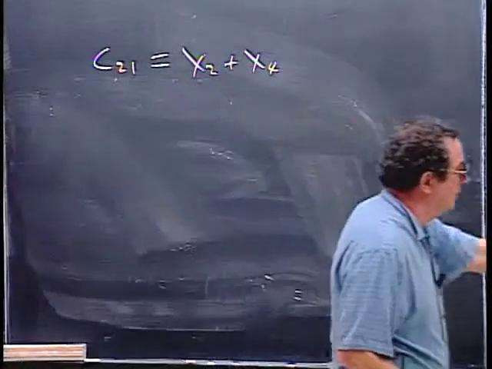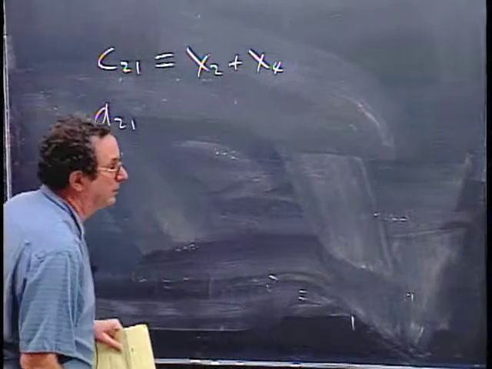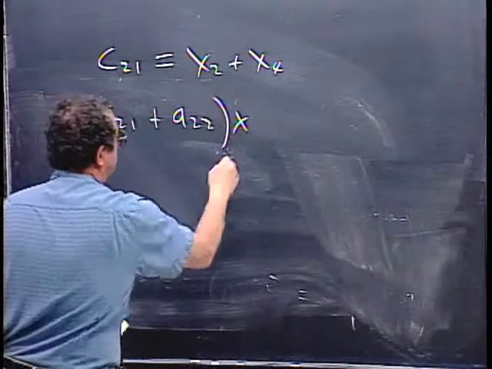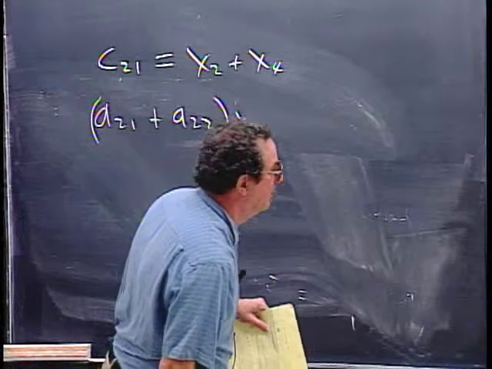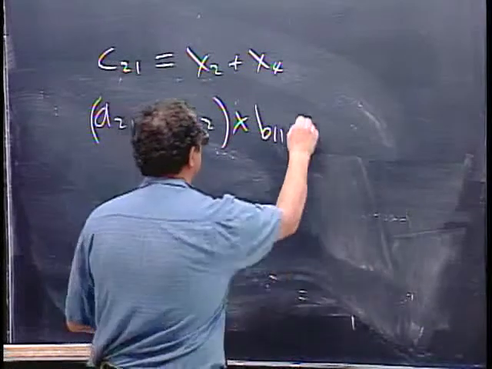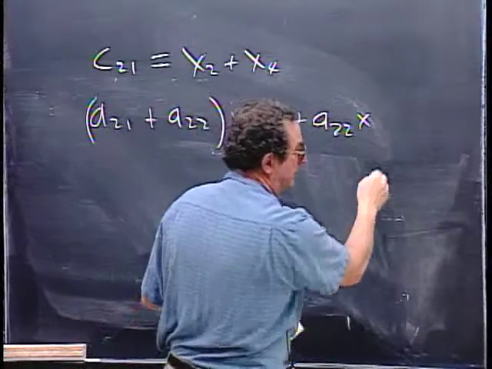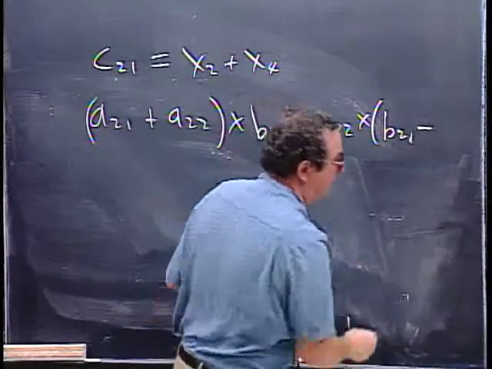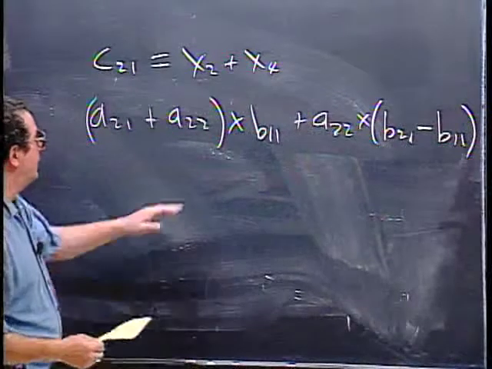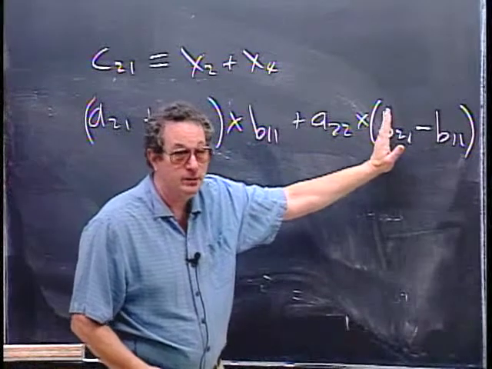X2, according to this, is A21 plus A22 times B11. Okay? And X4 is A22 times B21 minus B11.